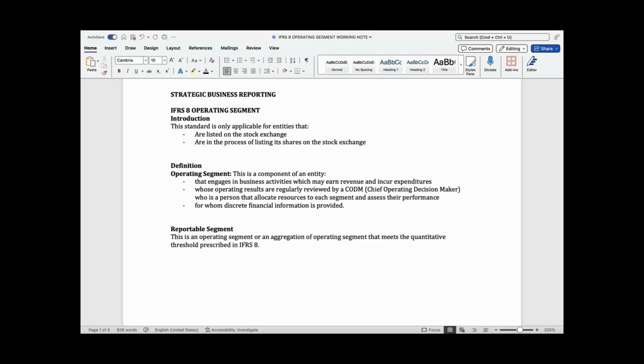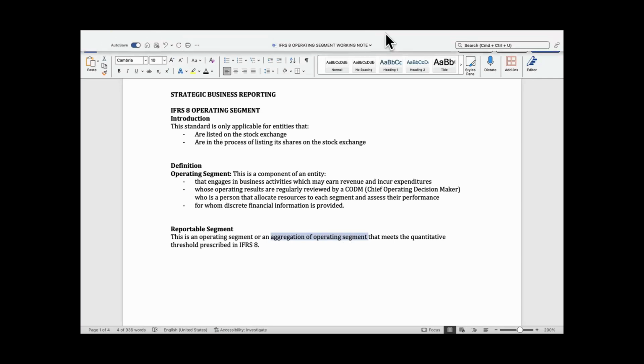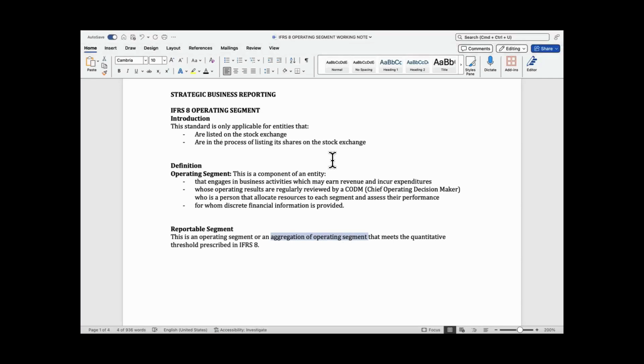Now, there are two things I need to break down here. Number one is that, okay, can we aggregate operating segments together? Yes, of course, because they said that a reportable segment can be an aggregation of operating segments. So that clearly shows that we can aggregate operating segments.